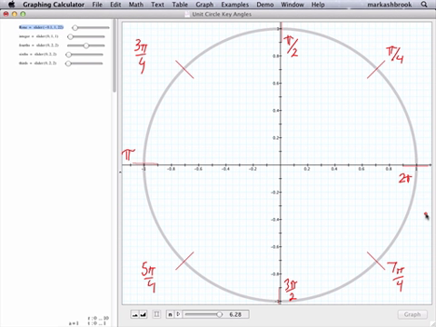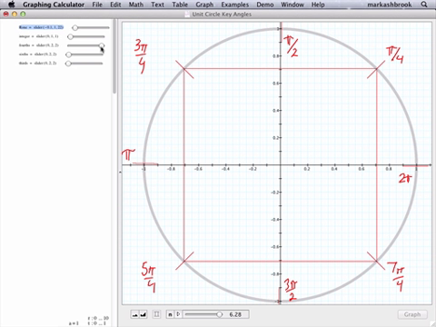Okay, so now we got some new spots here in the circle, so what about sine and cosine of those? This will help to see that. If we wanted to estimate the cosine of pi over 4, where would you look to do that?